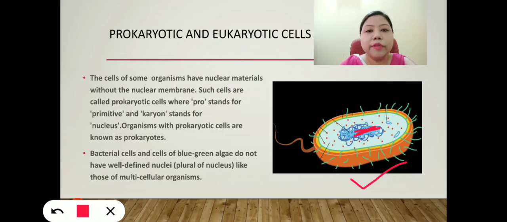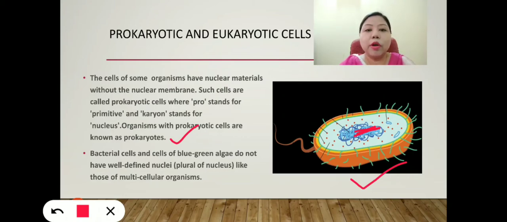Such types of cells, which do not have a nuclear membrane and in which the nucleus is not defined properly, are called prokaryotic cells. Pro stands for primitive and karyon stands for nucleus. Organisms with prokaryotic cells are known as prokaryotes.